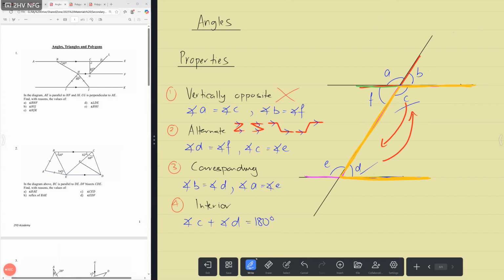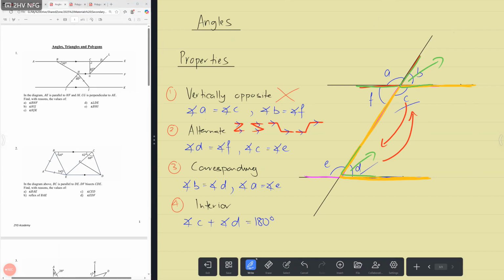On the other hand, for corresponding angles, angle D and angle B are facing the same direction, like facing the top right corner of the screen. So do note the difference between corresponding and interior angles. They are quite similar.